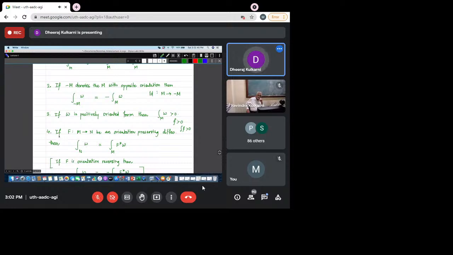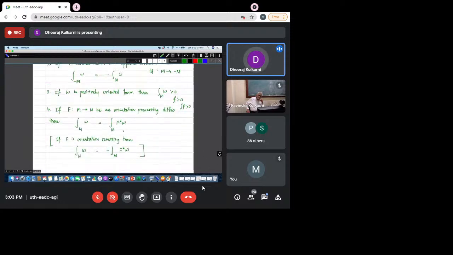So if you have an orientation preserving diffeomorphism, then the integral is independent of the change of coordinates. That is something that we have seen, but I have just quoted the global version.